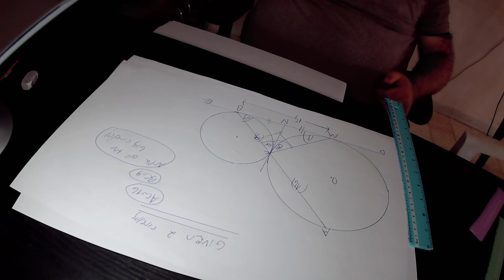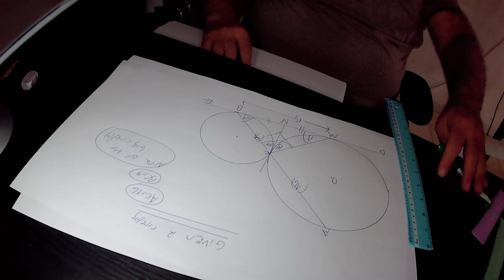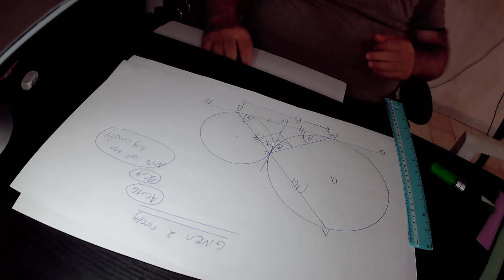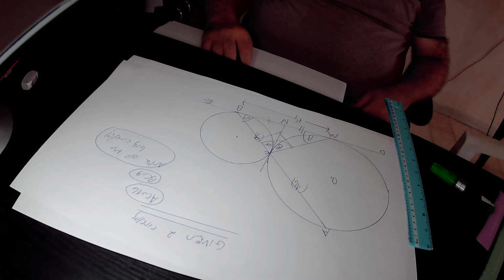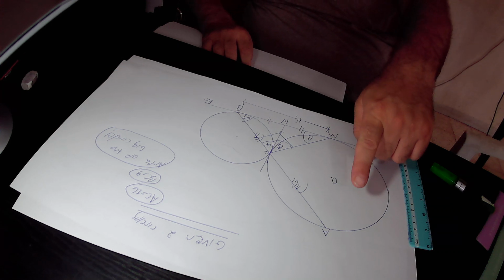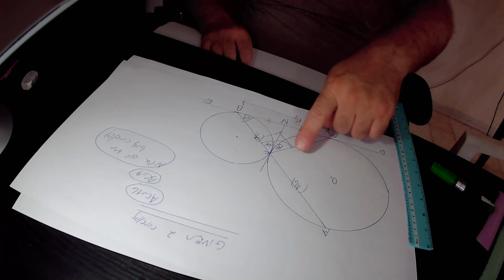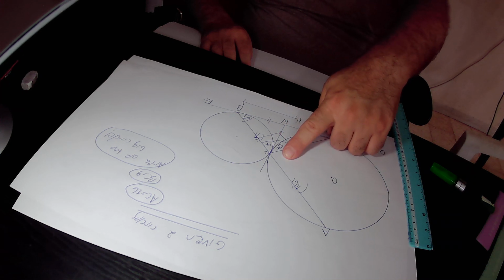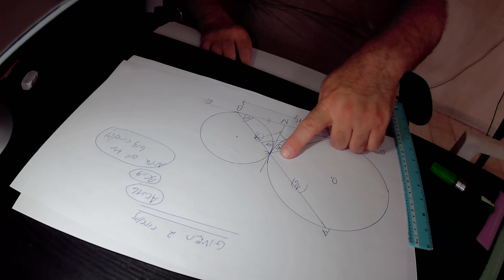So if we focus on the left side of the straight line AB at point C, here the sum of the angles must be equal to 180 degrees, according to rule 3 that says that the sum of the angles on one side of a straight line is equal to 180 degrees. So which angles do we have at the left side of AB at point C? We have this angle that is a right angle plus this missing angle. In total, they must be equal to 180 degrees according to rule 3. Therefore, this missing angle must be equal to 90 degrees in its size.